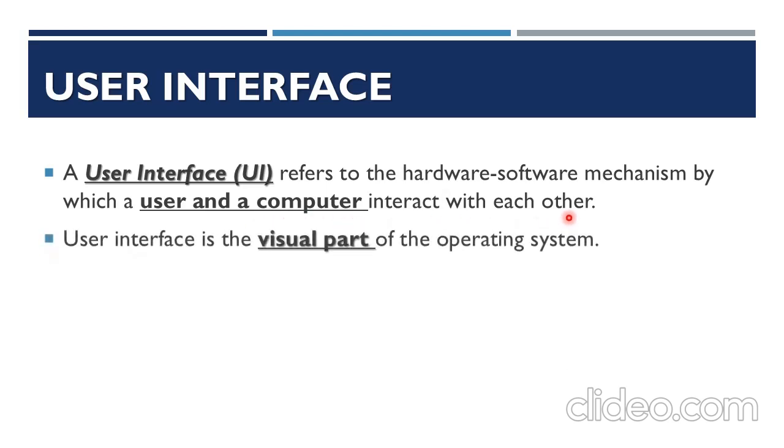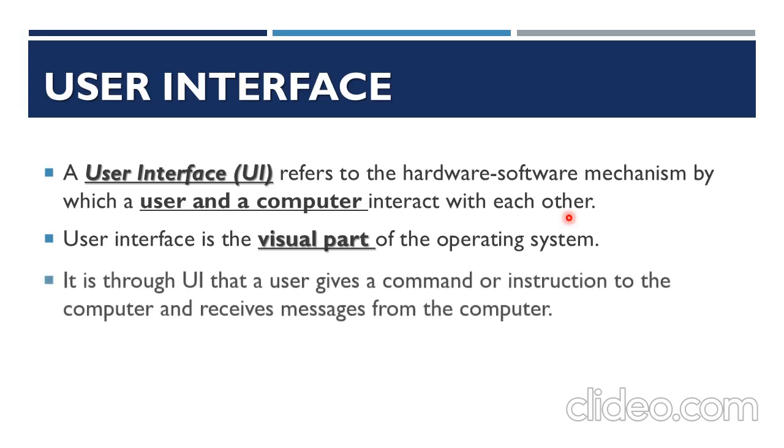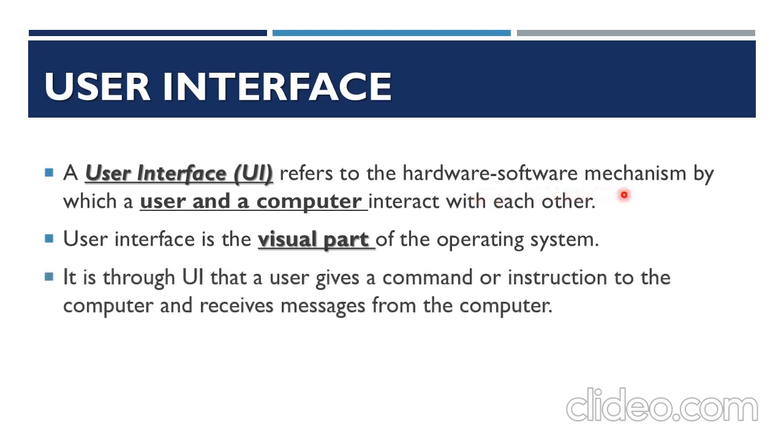Okay. So user interface is the visual part of the operating system, right? You can visually see what happens in a computer by means of this user interface. It is through user interface that a user gives a command or instruction to the computer and receives messages from the computer.